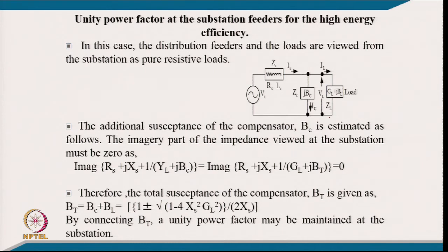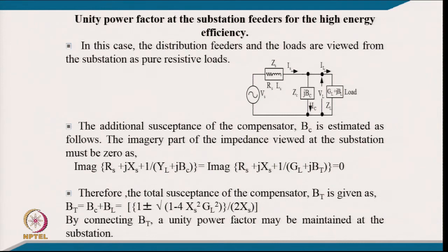From that you can find the imaginary part of the total impedance RS plus JXS in parallel with these two elements, and therefore the total susceptance of the compensator is given as BT equal to BC plus BL. BL was for power factor correction and BC is the additional one.